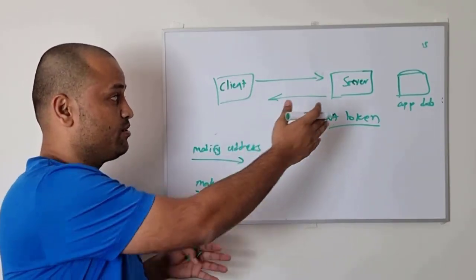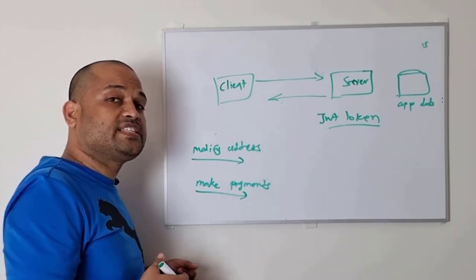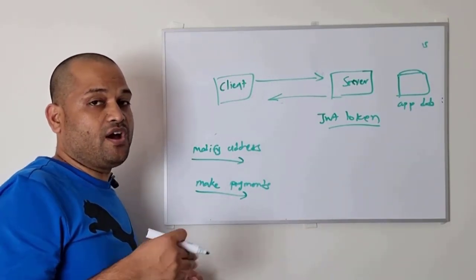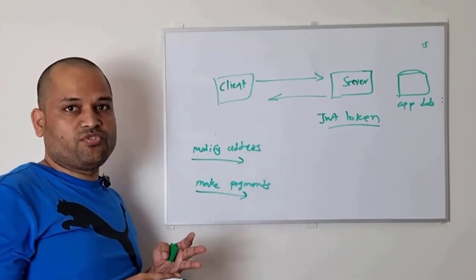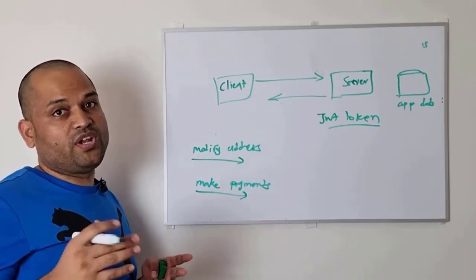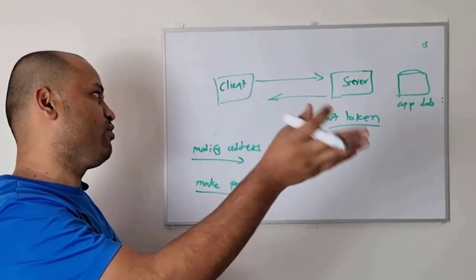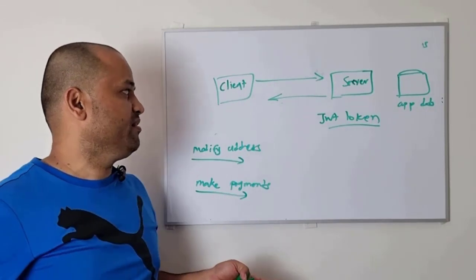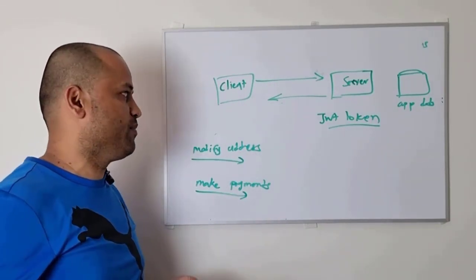If it is being sent through the cookie, you don't have to do anything special, because the browser is going to send that particular cookie automatically. You don't have to program it. But if you want to send it through the headers or the payload, then you, as a developer, will have to embed that token in that payload, and then that will be sent to the server. But normally it is good to use the cookies, because you don't have to do extra programming for that.